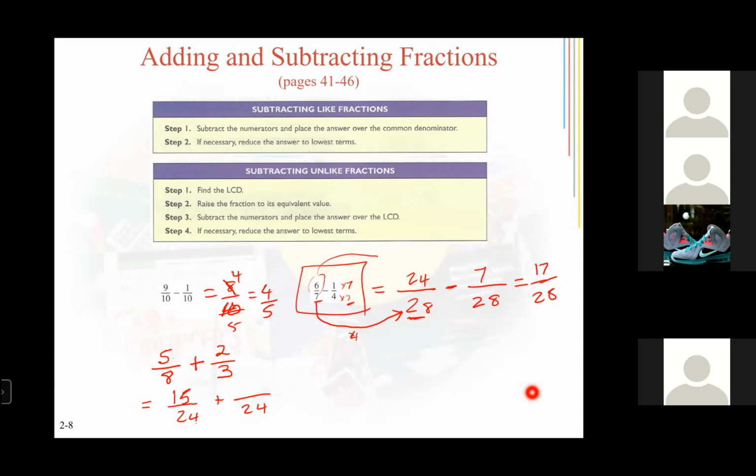And then what would be the numerator for 2/3 when you change it to a fraction out of 24? The denominator was multiplied by 8, so you have to be consistent with the numerator, which gives 16. You multiply 3 times 8 to get 24, so you have to multiply the 2 by 8 to get 16. So when you add that together now, you're going to end up with 31 over 24.